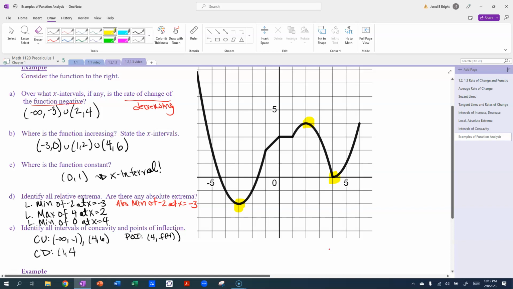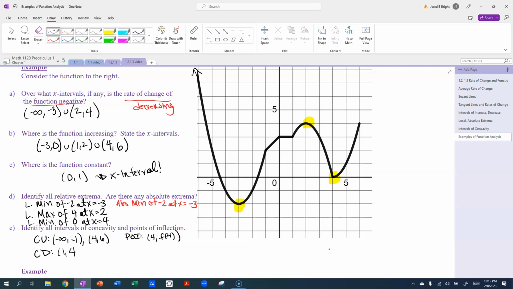And then at x equals 2, there's a maximum of 4. Okay, so that's what I have. And then are there any absolute? There is a minimum: the smallest y value I obtain is -2 when x is -3. And a maximum, I don't have any, because this function would continue going upwards.